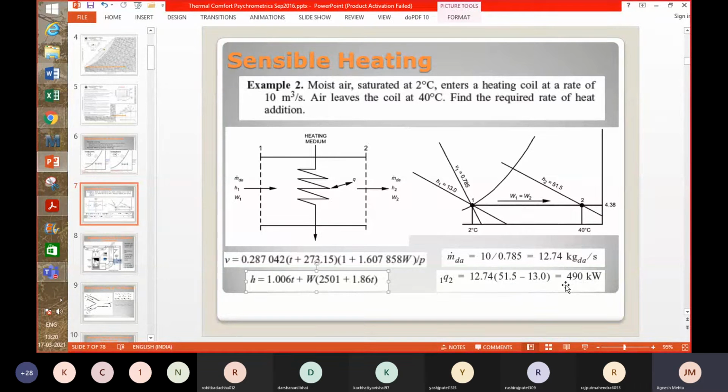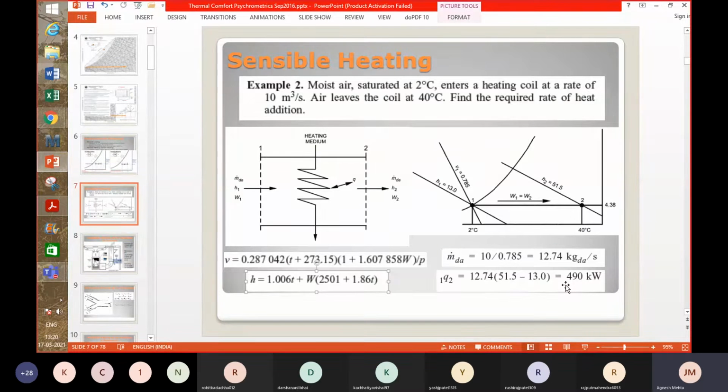The normal immersion heater that you use in, say, heating the water in a bucket could be 1 kilowatt or 1.5 kilowatt or something. The geysers or water heaters that you use at home could have, depending upon the size, a heating rate of 2 kilowatt or 3 kilowatt, or higher models could have higher heating rate also.